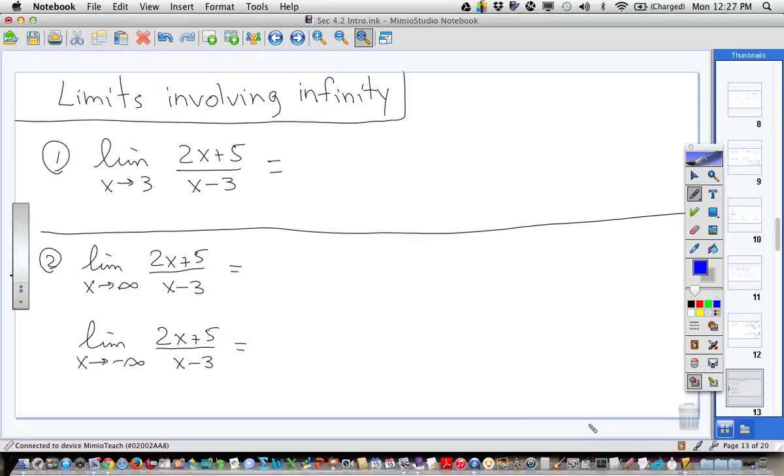And then if you would get your calculators out, I want you to graph that function. Graph this fraction here.